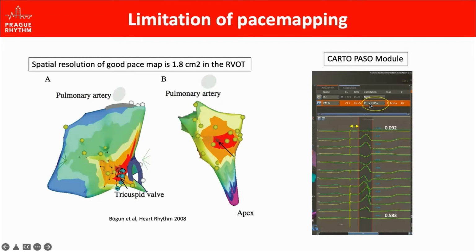However, the global correlation on the CARTO PASO was only 85%, and this is due to very flat QRS complexes in lead 1 and lead V6, where a minimal change can significantly decrease the correlation percentage.